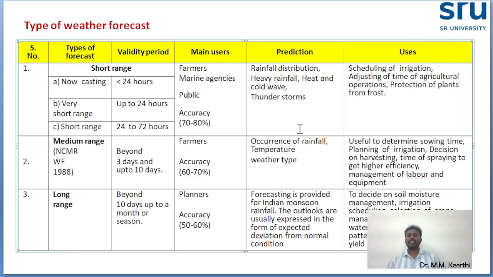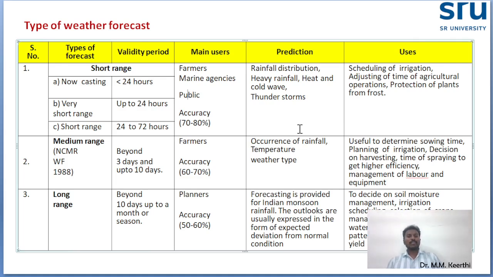As for the uses, I am going to cover only the agriculture point of view. Based on short range weather forecasting, farmers can schedule irrigation either today or tomorrow, or postpone it by 1 or 2 days, or decide the time of agricultural operations. If rainfall is forecast within 24 hours, what will farmers do?